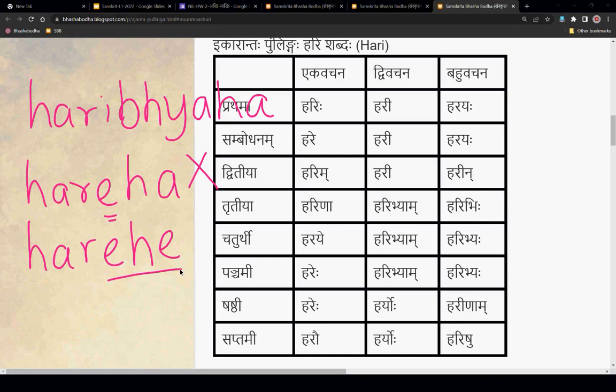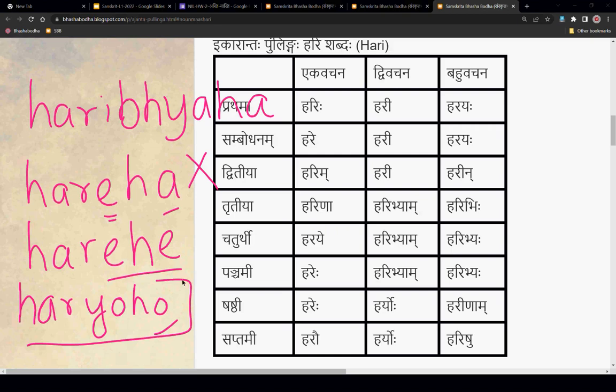Sasi, Harehe. Haryoho. Harinam. Haryoho.